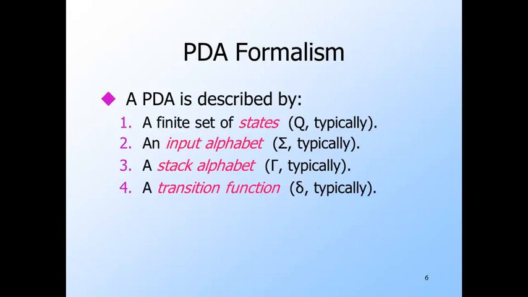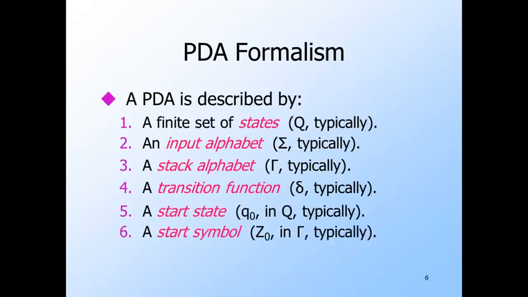There's a transition function delta to be described shortly. There is a start state, typically Q0 as for finite automata. There's a start symbol. This symbol is a member of the stack alphabet, and initially the stack contains only this symbol. And there is a set F of final states, again analogous to the finite automata.